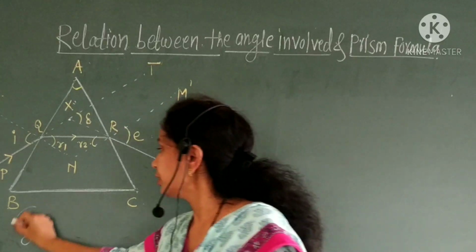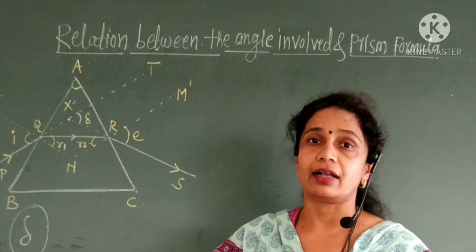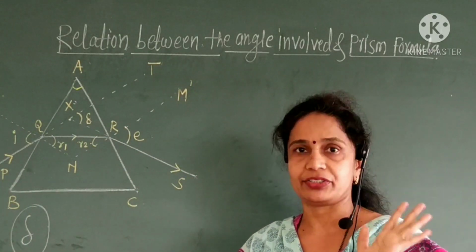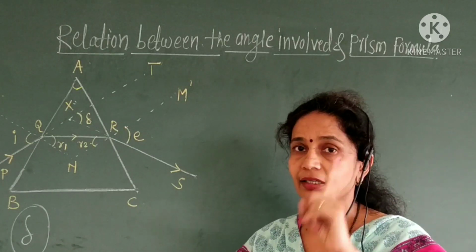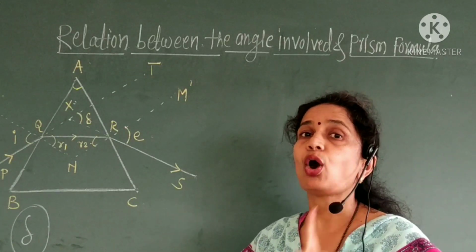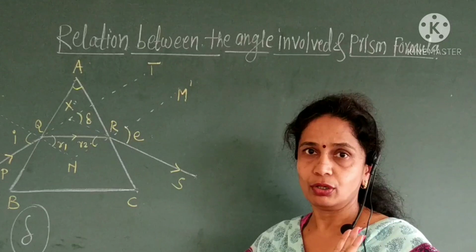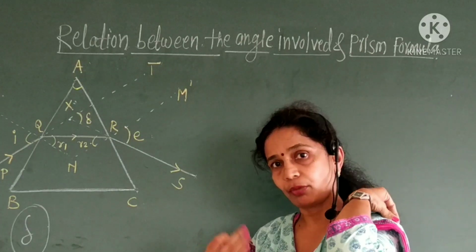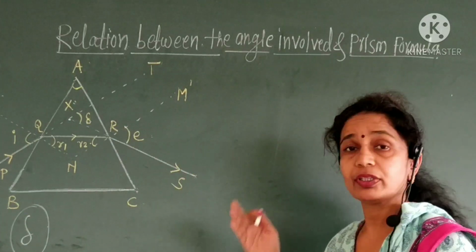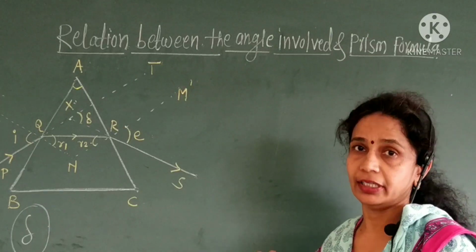This notation is called delta, the angle of deviation. Then let us obtain the relations between the angles involved in it.